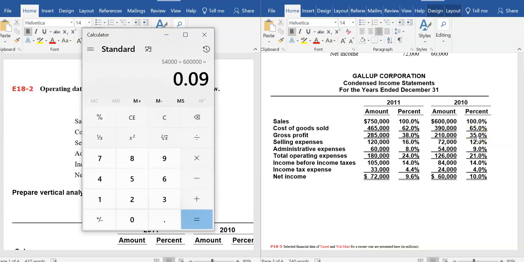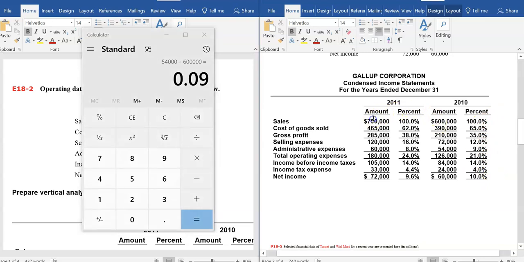And that 35% covers a 12% selling expense, 9% of sales dollars go to administrative expenses, leaving an income on every sales dollar of 14% or 14 cents. Income tax takes up 4 cents of every sales dollar, leaving us with ultimate net income of 10% on every sales dollar, or we earn a profit of 10 cents on every dollar in sales, once we subtract out all of the expenses that we incur.